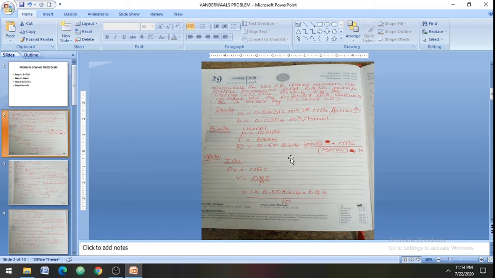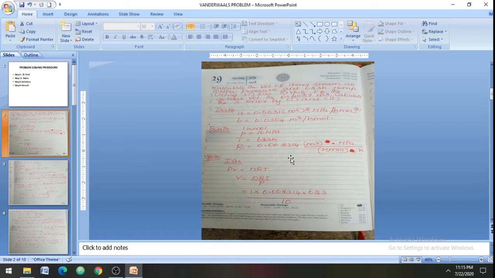For this problem, n is equal to 1 kilomole, pressure is equal to 10 megapascal, temperature is equal to 623 Kelvin. Capital R is a constant value, so we have to choose the capital R value.